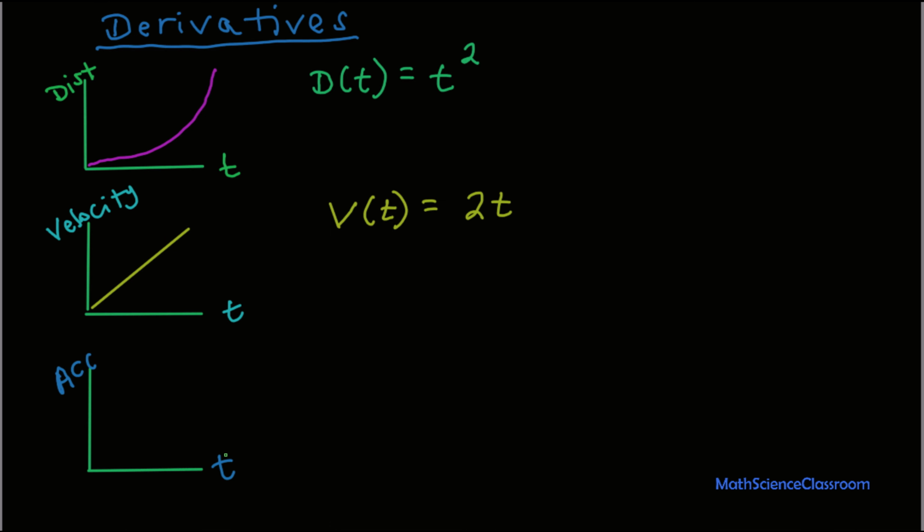It's actually a linear relationship. It is accelerating at a constant rate, so the acceleration is actually constant. So we would draw a horizontal line like that.